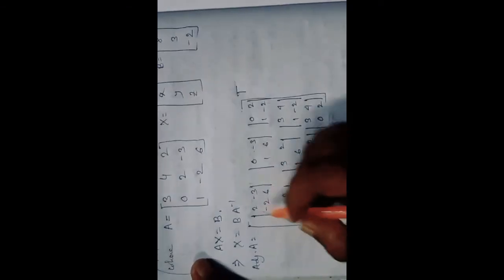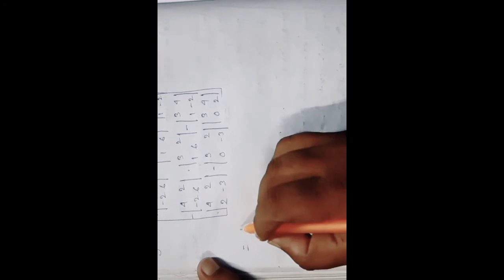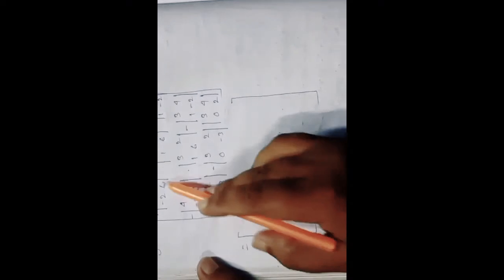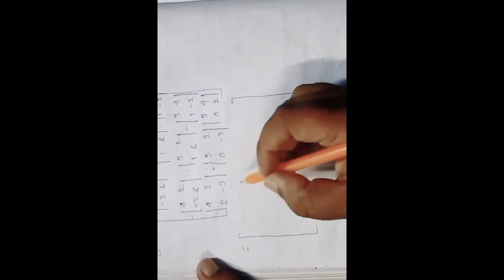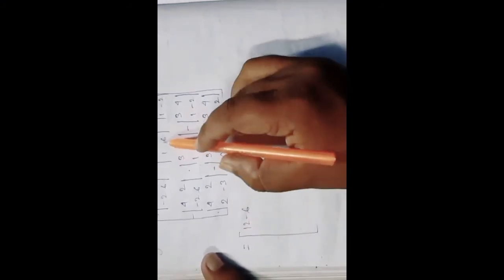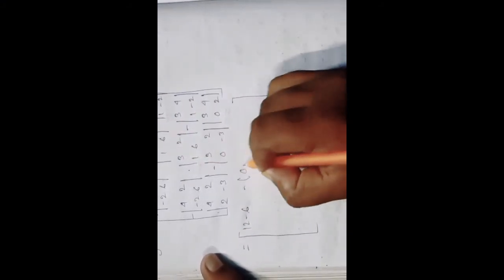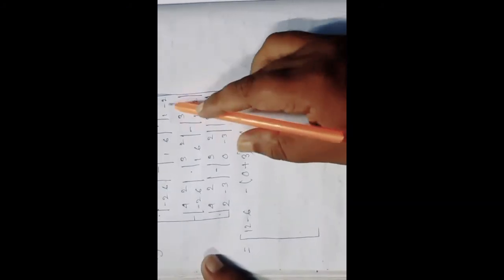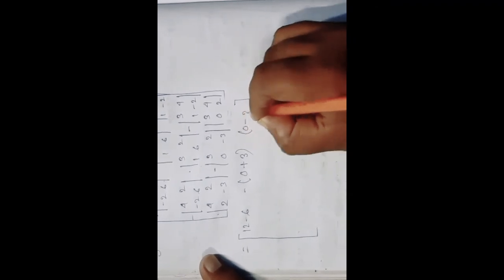Now here we have to apply the proper signs, that is plus minus plus, minus plus minus, plus minus plus. Now we have to break it up. So the first term can be written as 12 minus 6. Second term, 0 plus 3. Next, this is 0 minus 2.